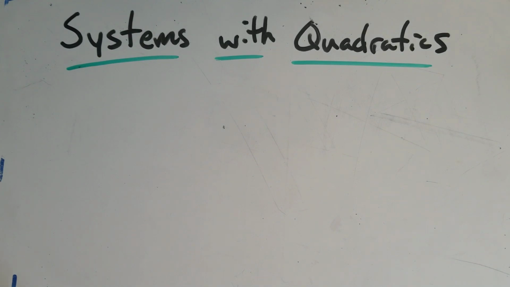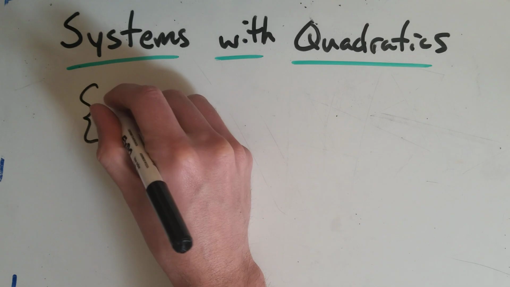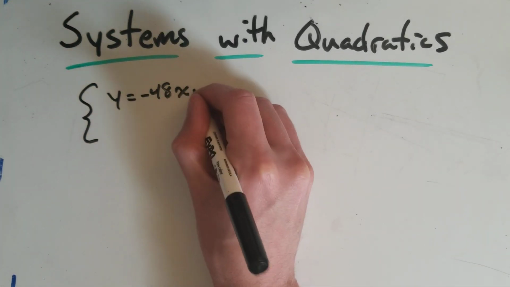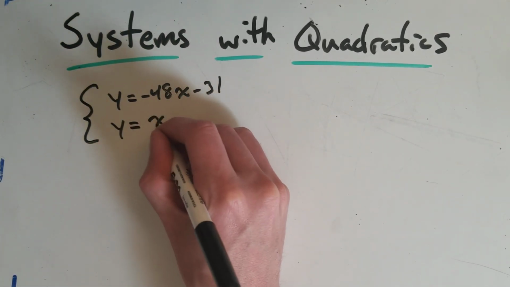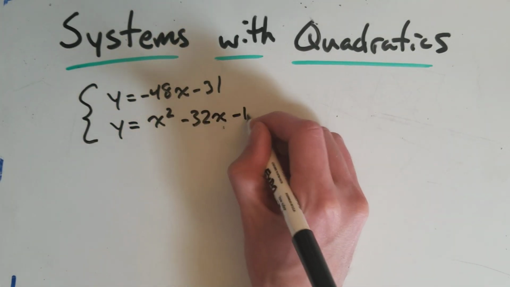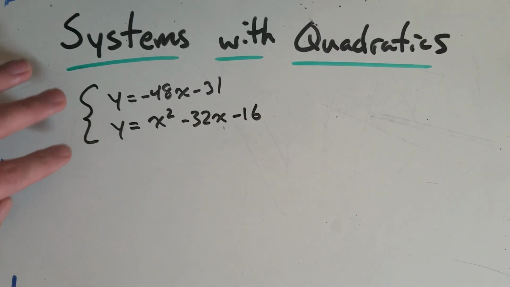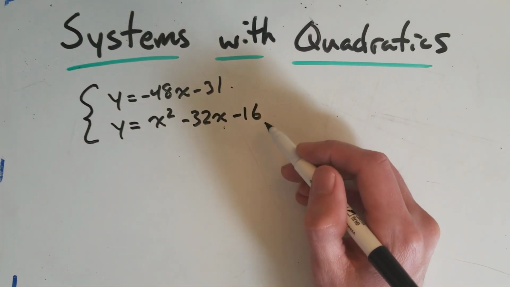Our first system that we're going to solve, we have the system with y equals negative 48x minus 31. And the second equation is y equals x squared minus 32x minus 16. So we're trying to find the solution to the system where these two graphs are going to intersect, the line and the parabola here.